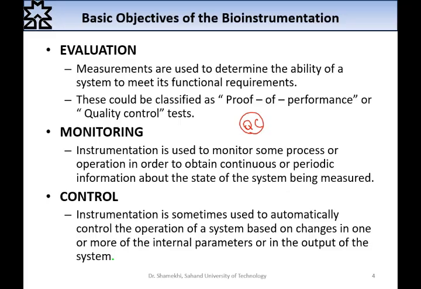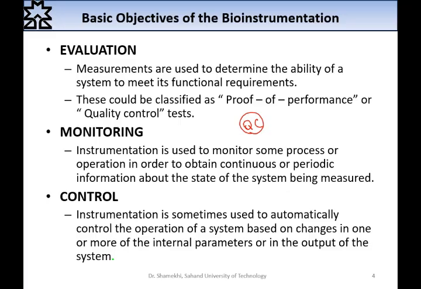Another objective of bioinstrumentation is monitoring. Instrumentation is used to monitor some process or operation in order to obtain continuous or periodic information about the state of the system being measured.